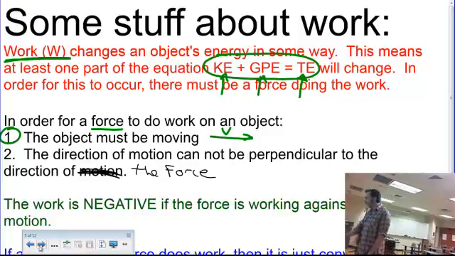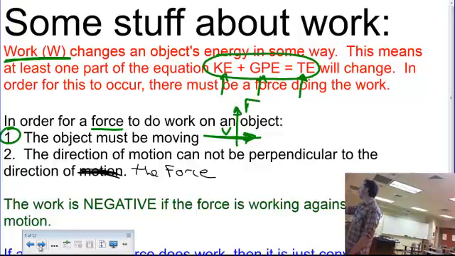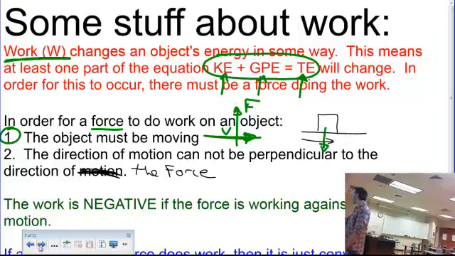So, if you ever had a scenario where your object is moving this way and you had a force this way, then that force is not doing work. A real simple example would be this. If you've got a block sliding along the floor, then there are two forces on it, right? There's gravity and normal force.